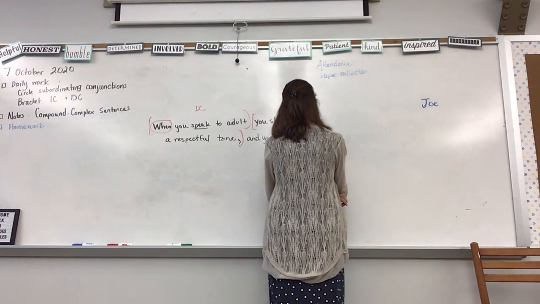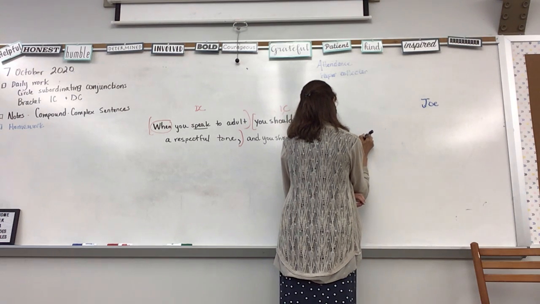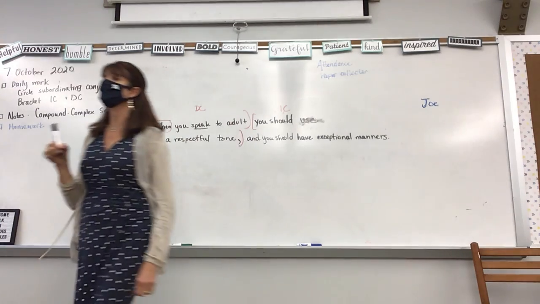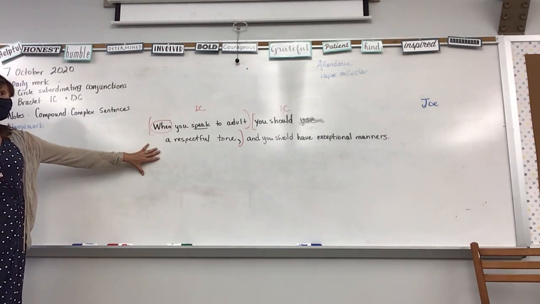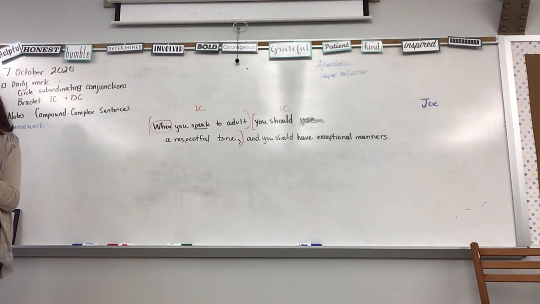Exceptional. Oh, exceptional sounds good. That was an exceptional word, Jackson. Thank you, Spencer. Okay, so we're just gonna really be beating these banned words to death, not even using them in their sentences. When you speak to an adult, you should use a respectful tone, and you should have exceptional manners. Now, this is an example of a kind of a long and wordy sentence, but for our purposes, it is a compound complex.